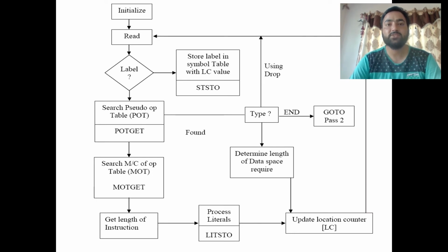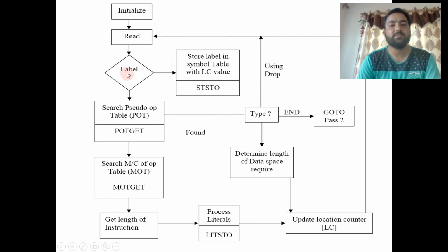So this is the flowchart for pass 1 of the assembler, in which first we initialize, then we read the instructions in the assembly language program, then we check for the labels. If labels are there, then store them in the symbol table with location counter value, and if not, then we search the pseudo code tables.